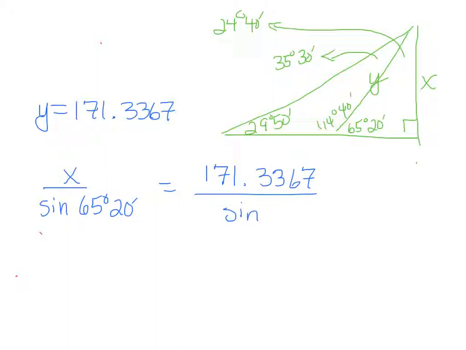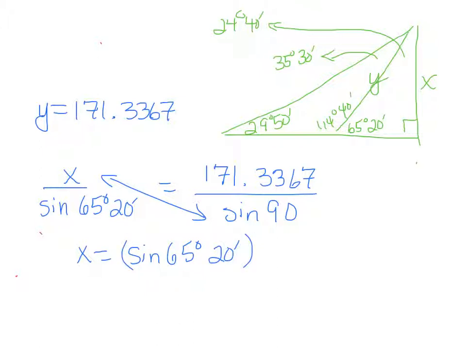If you remember, the sine of 90 is 1. So when I cross multiply in this direction, I just end up with x equals the sine of 65 degrees, 20 minutes, multiplied by my y value, which should still be in your calculator, 171.3367, and so on.